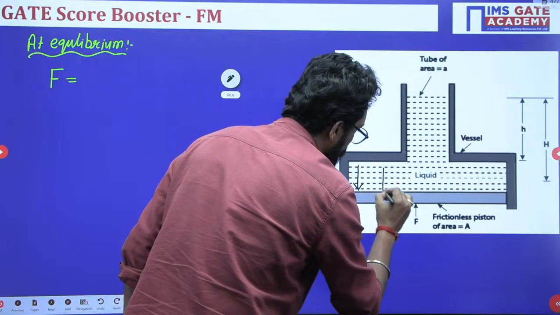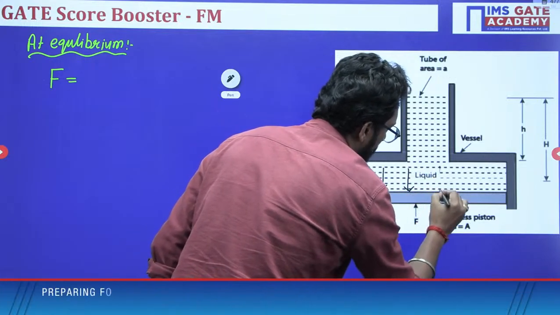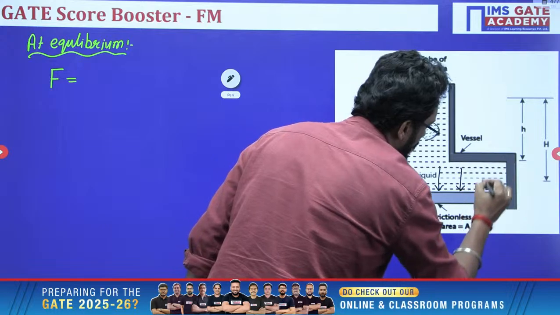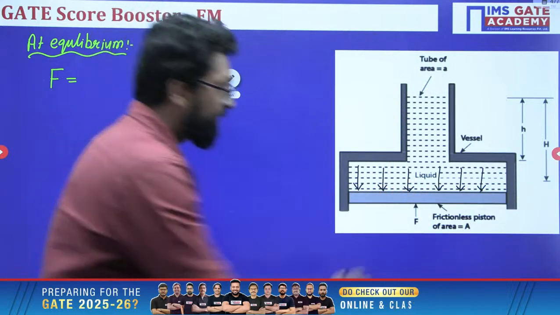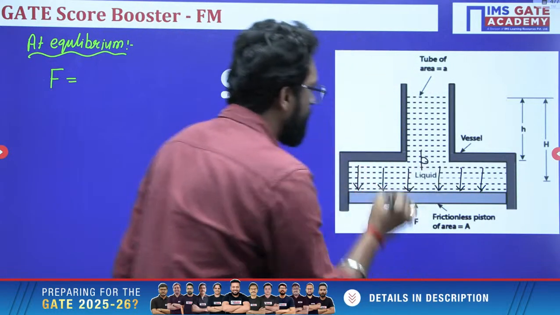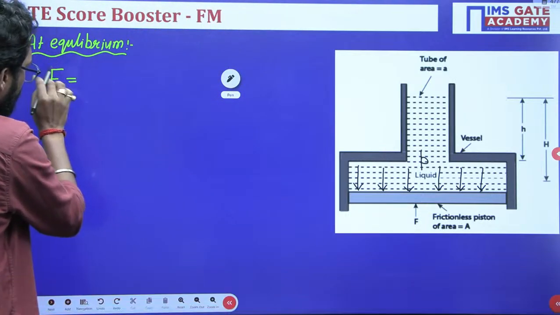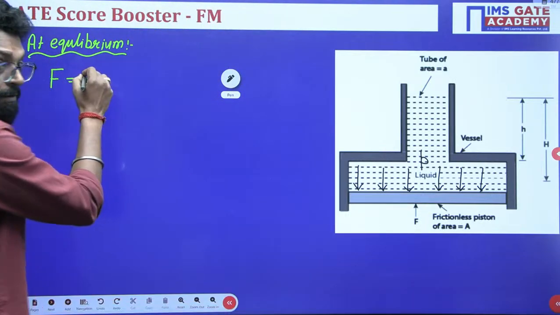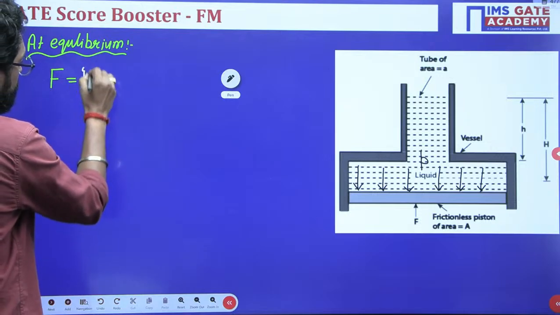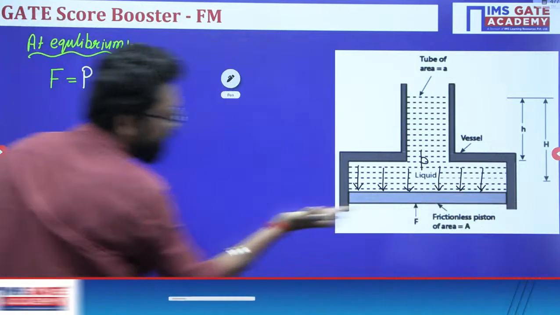Let's suppose this pressure P acts by the liquid on the platform. This pressure force is equal to the pressure P into the area of this piston, A.